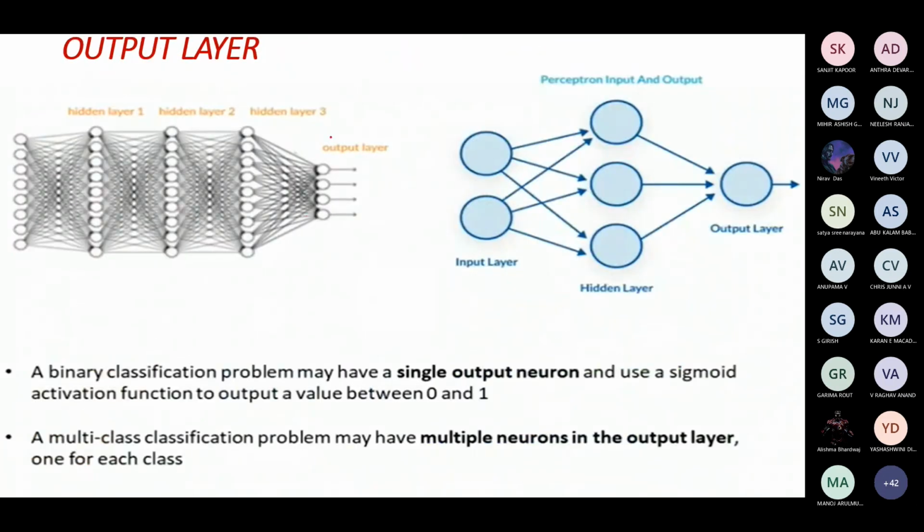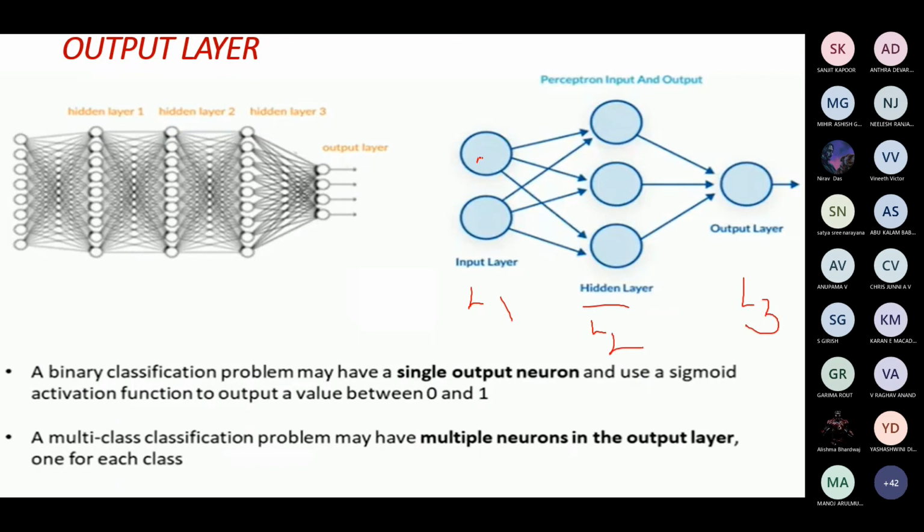So now students, this is very important. See here, you have an input layer and hidden layers: layer 1, layer 2, layer 3.